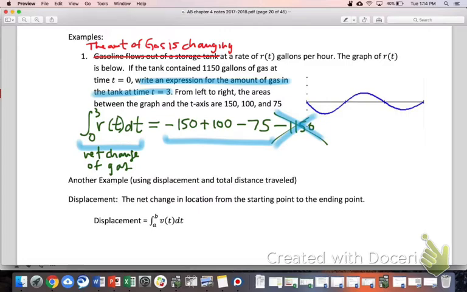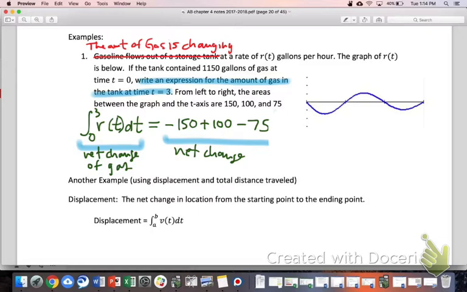If we got rid of this, isn't that equal to the net change? He went a little further than I was expecting, which is fine. He had the negative 150, the negative 75 and the positive 100. Do you understand why he made those numbers negative? Because they're below the t-axis? Okay. So this is also the net change in the gasoline.